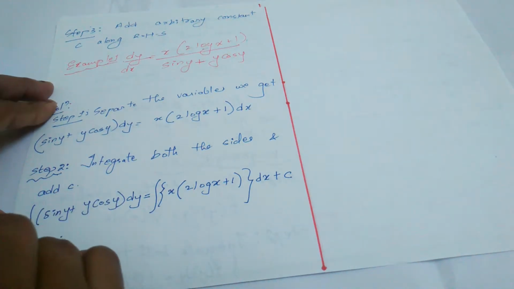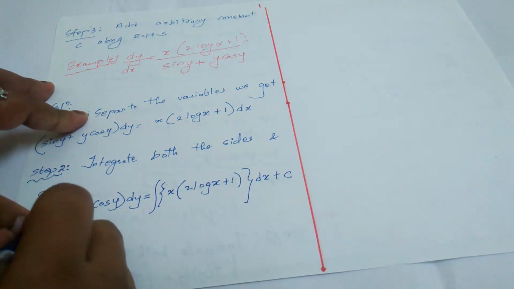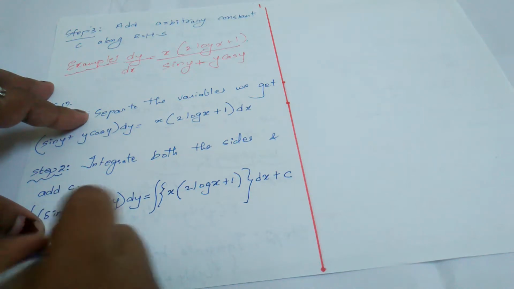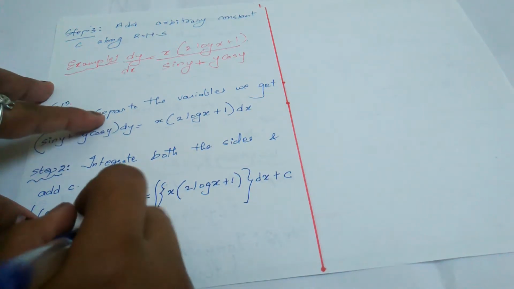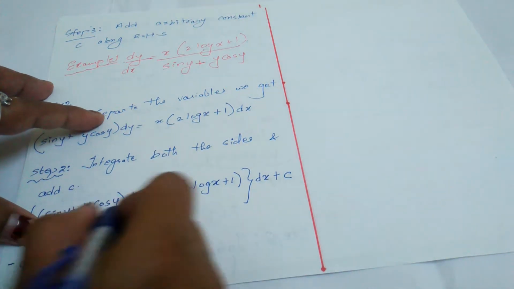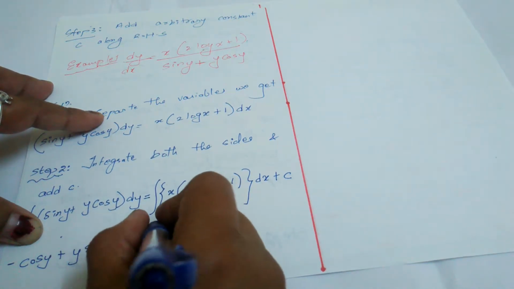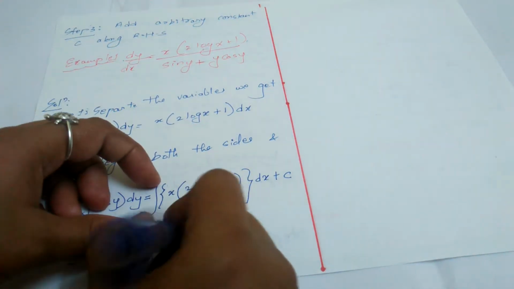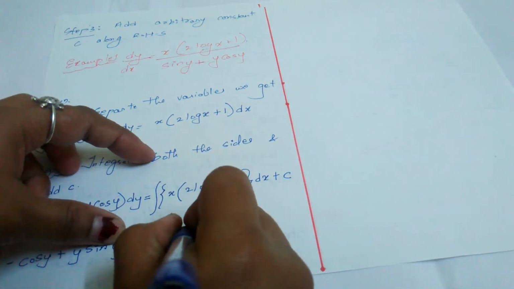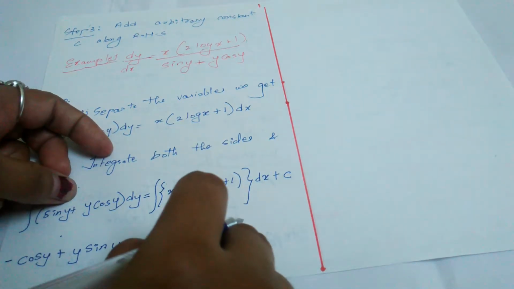Now integrating the LHS, I get minus cos y plus y sin y, and then minus integral of 1 into sin y dy. This is my LHS term.